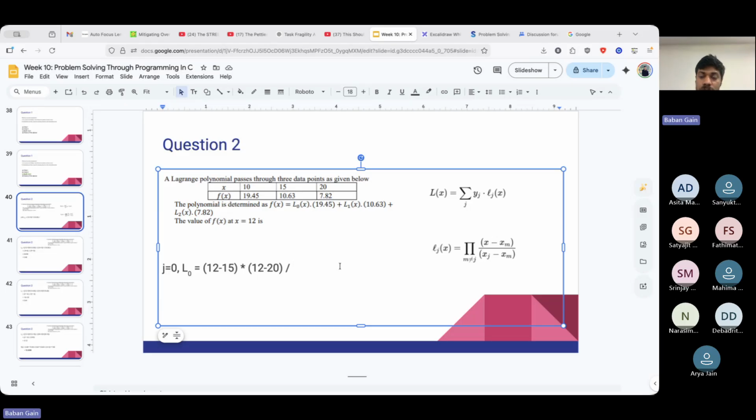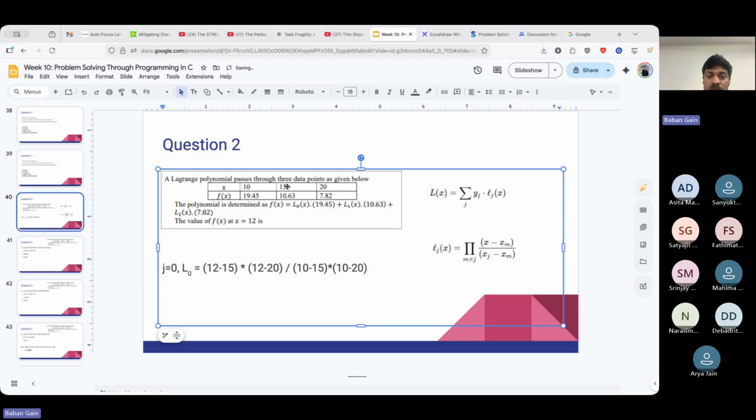I'll come to the solution. I think you are correct as far as I remember. So this is 12 minus 15 into 12 minus 20, because 12 is the value we are trying to predict and 15 and 20 are the values that are not x0. Divided by 10 minus 15 into 10 minus 20.